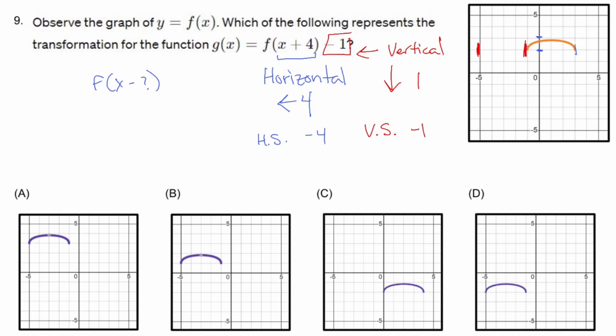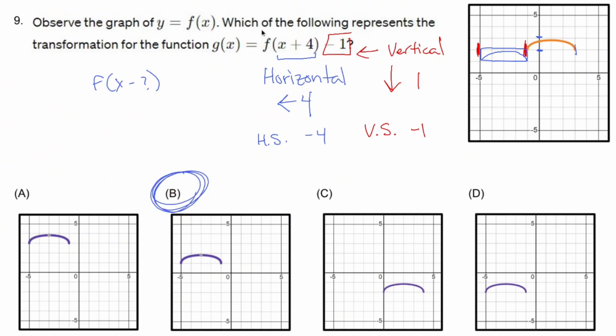So I'm just going to take something that is left 4, and then move it down 1. So it's going to appear as a semicircle somewhere around here, semi-oval or whatever that is. So stuff that happens between positive 1 and 2 now on the y-axis, and -5 and -1 on the x-axis, and B looks like the one to do that.